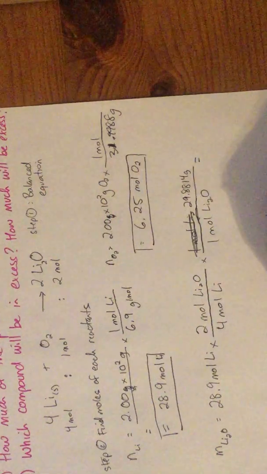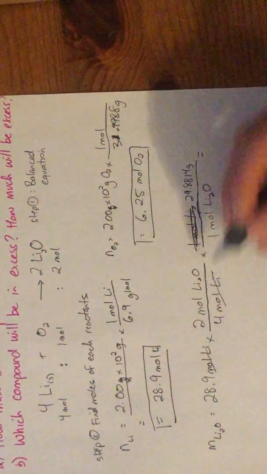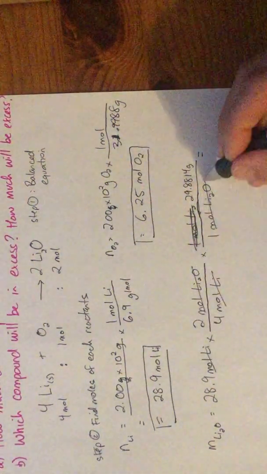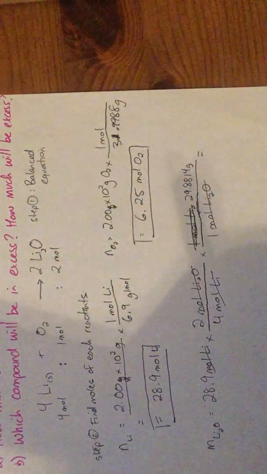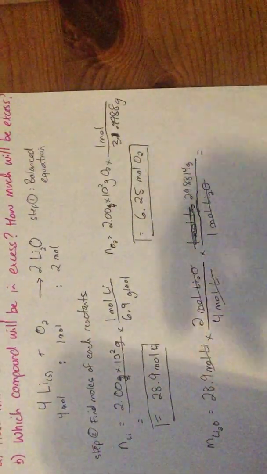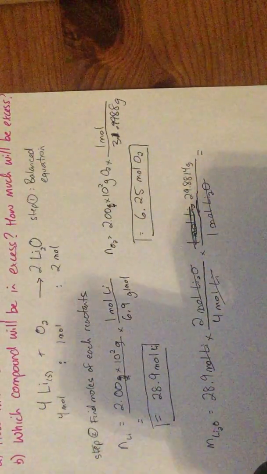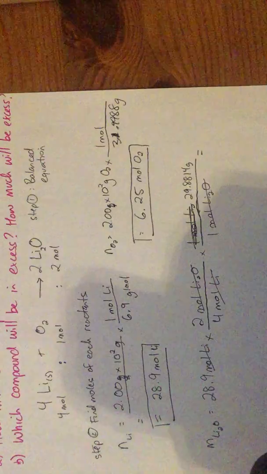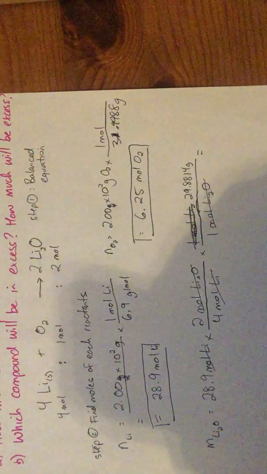Okay, and then just going through, always want to make sure that our compounds and our units cancel out. We're just going to multiply all of that stuff together. So we have 28.9 times 2 times 29.8814.